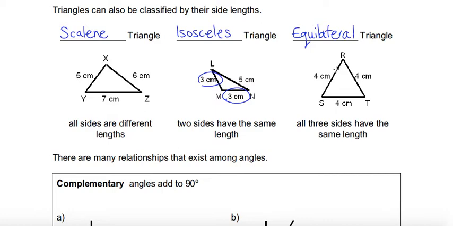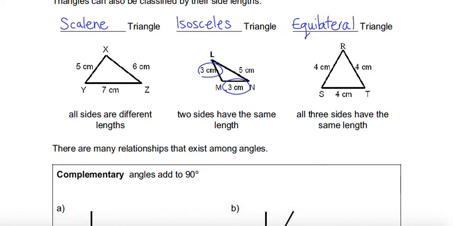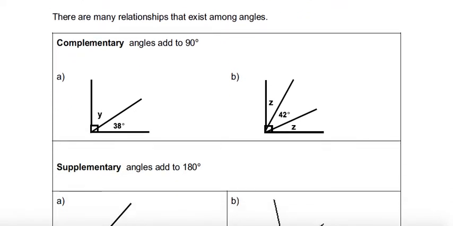So that's important. Within looking at triangles, we're also going to look at some other definitions of angles that are going to be very important for you as you move forward, especially when we get to not only solving for missing angles, but when we start to look at angles involving parallel lines as well.